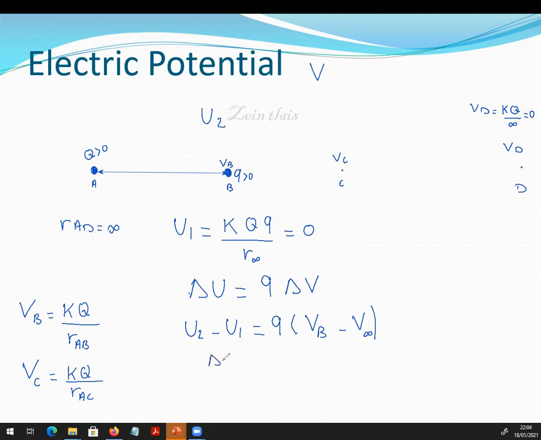We can say delta U of the system equals q times delta V. In this case, V infinity equals 0. We can say times VB.